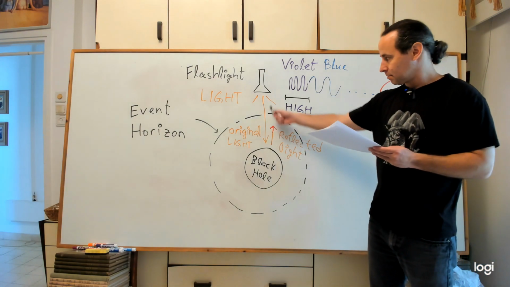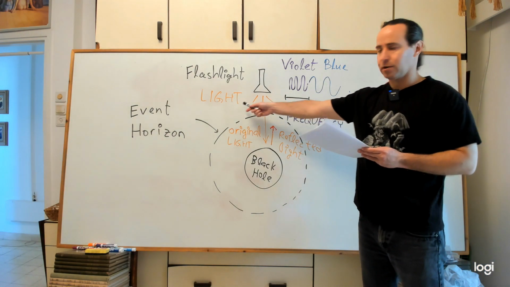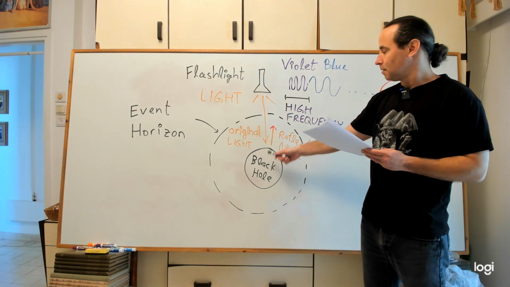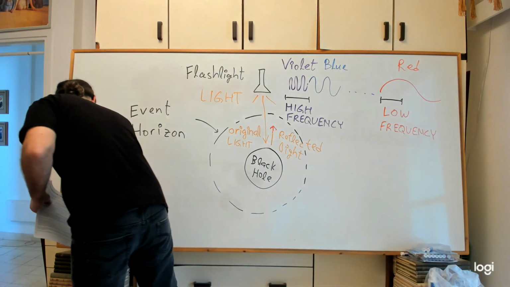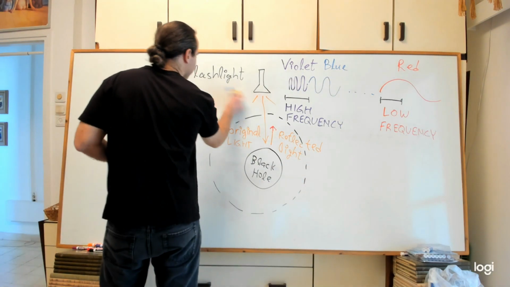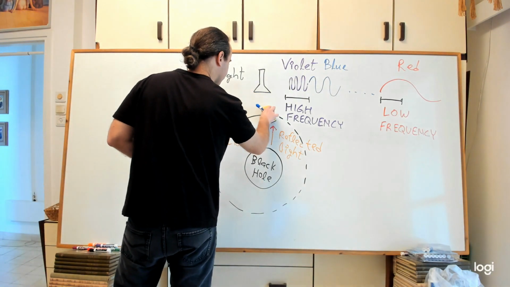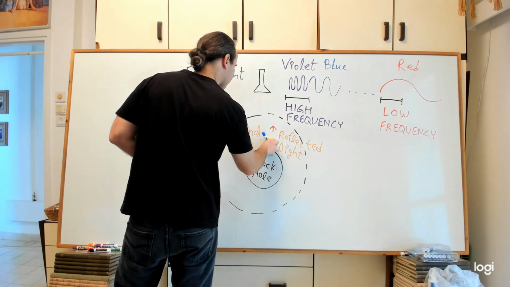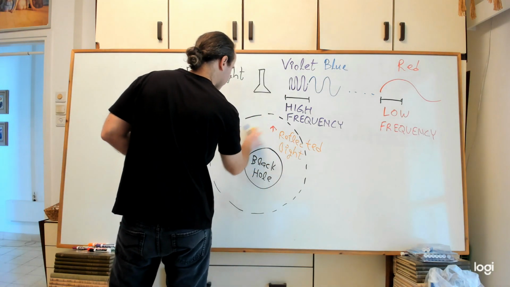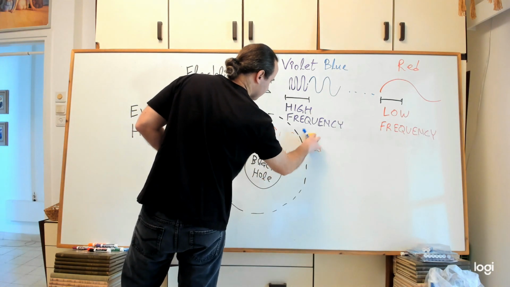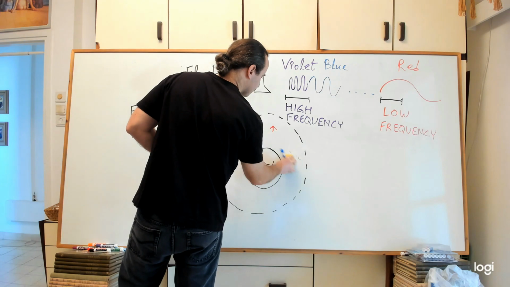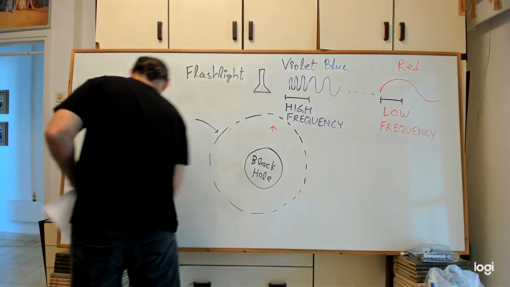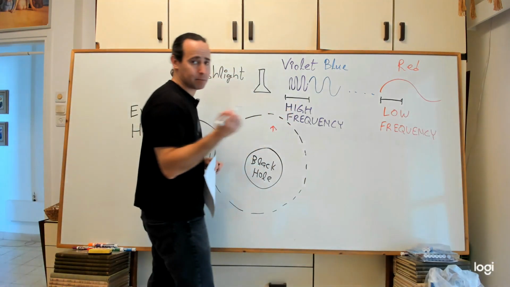Let's say we shine, instead of orange light, blue light. So in the beginning, this is blue. I'm doing the same with blue.